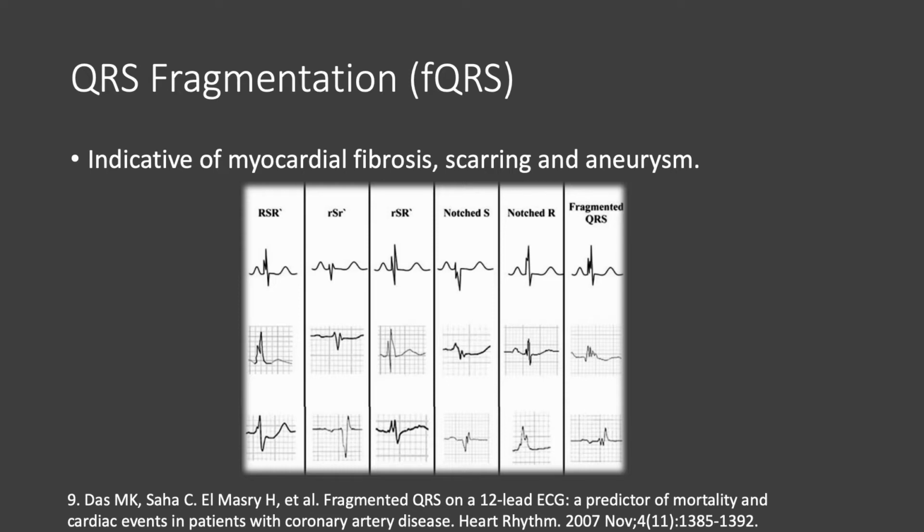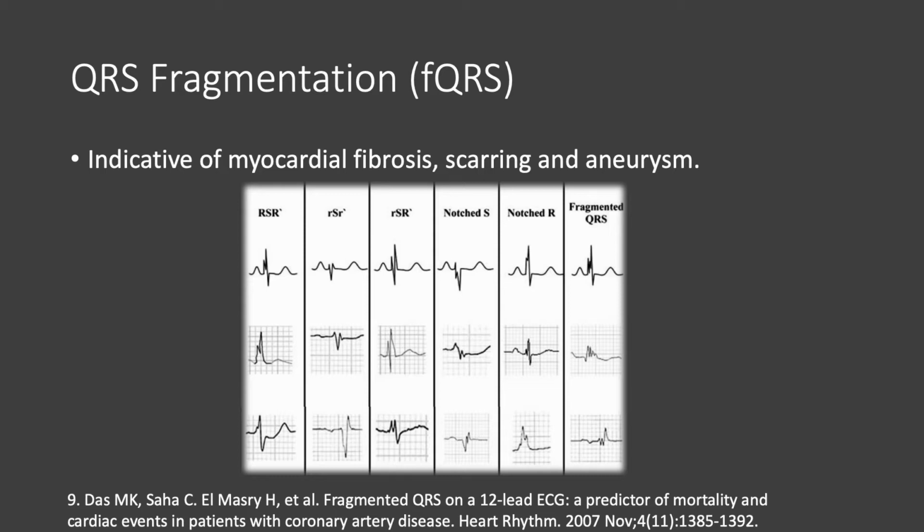Das and colleagues at the University of Indiana noted that in the past couple of decades there had been a dramatic decrease in the incidence of Q-wave MI and a reciprocal increase in the incidence of non-Q-wave MI. Additionally, they noted that Q waves regress or disappear in a lot of patients who've had an ST elevation MI. So the sensitivity of Q waves for old MI is low.